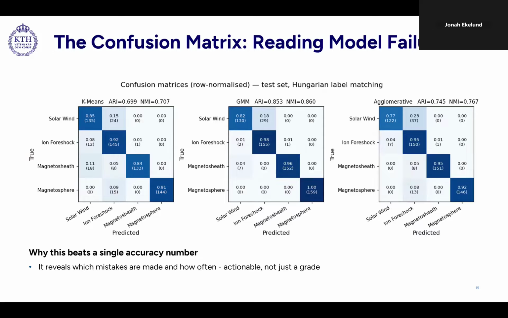But if we assign our clusters to labels, we can do a confusion matrix here. And if we start by looking at K-means first, so this is row normalized. This means that of all the true values that are magnetosphere, 91% are assigned to the cluster magnetosphere, but 9% are assigned to ion foreshock.